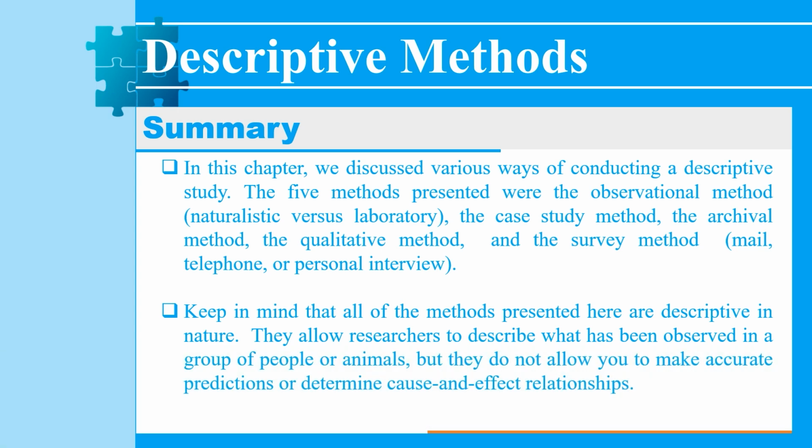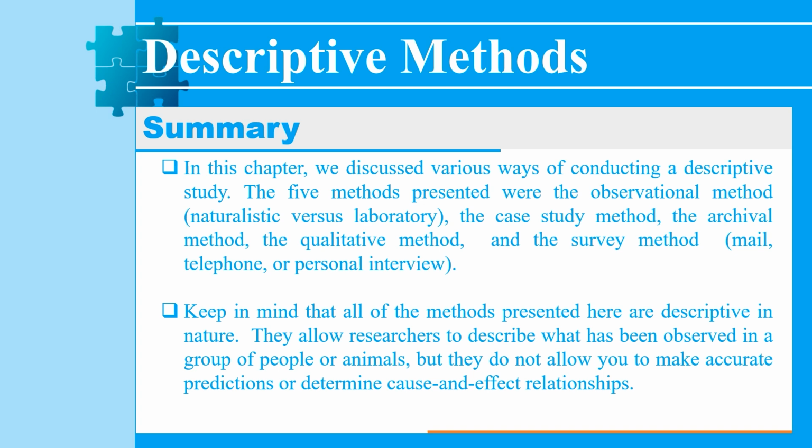The qualitative method focuses on phenomena that occur in natural settings, and because the data are typically analyzed without the use of statistics, this might be a concern for some researchers. The survey method may have some problems of biased samples, poor return rate, interviewer biases, socially desirable responses, and expense.